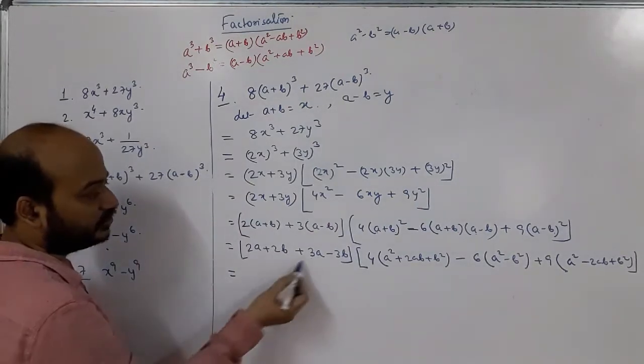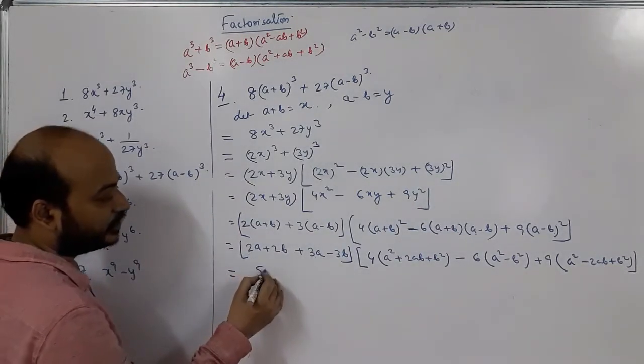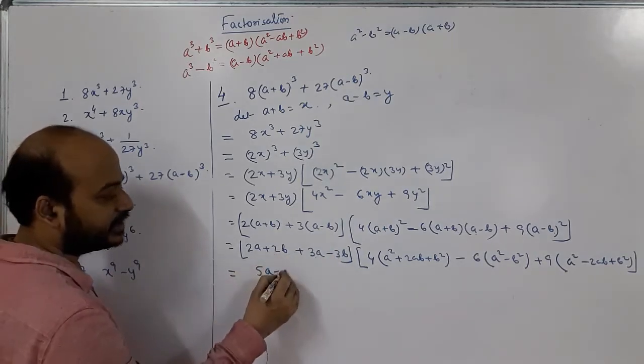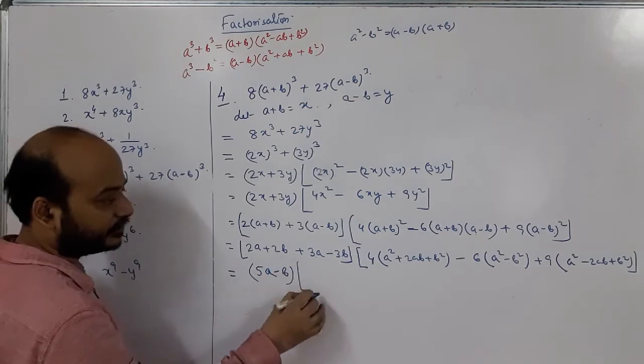Okay. Now you see here 3a plus 2a becomes 5a, minus 3b plus 2b means minus b. So this part is this.